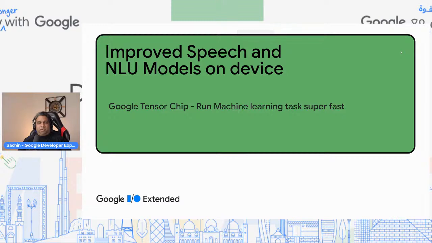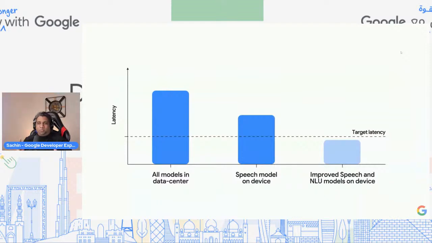Now, some of these things are possible using improved speech and natural language understanding models on device. And that is achieved using Google's Tensor chip. The Google Tensor chip allows us to run machine learning tasks super fast. So what does that mean?